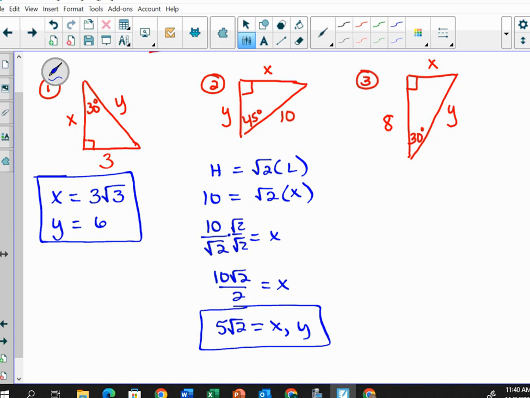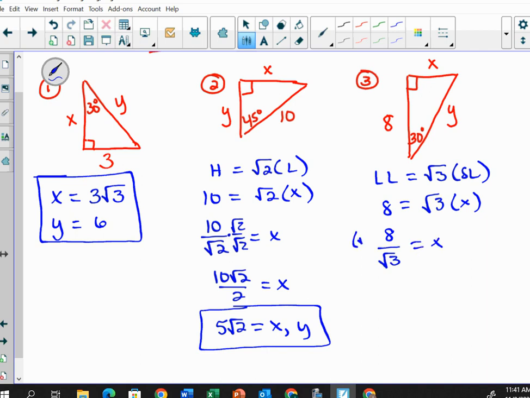All right, number 3. What did I give you this time? The long leg. Yeah, remember that is equal to root 3 times the short leg. So for us, 8 is equal to root 3 times x. So I divide by root 3.